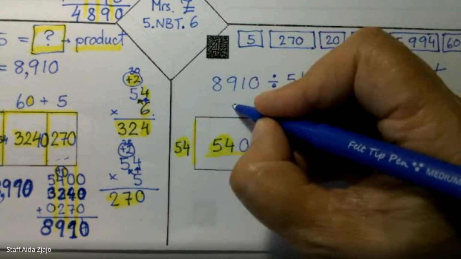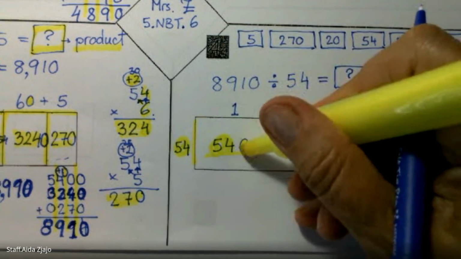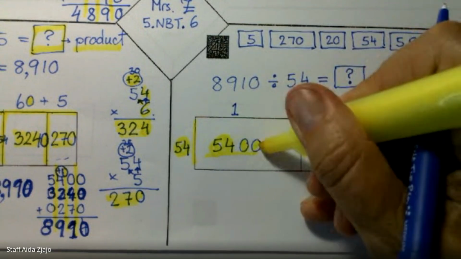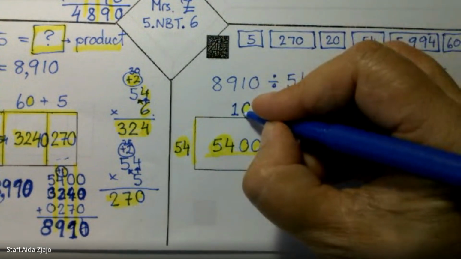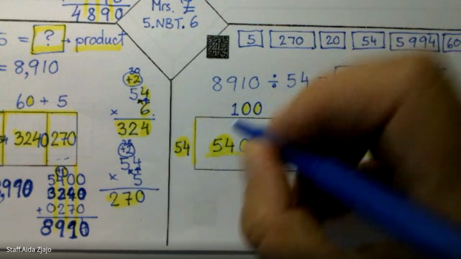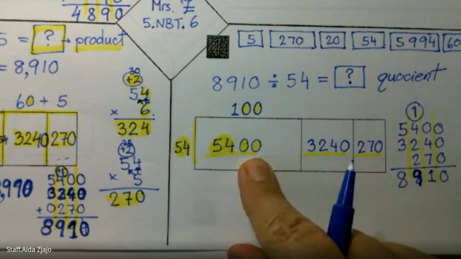So definitely I can put 1 in my solution. But then here I have 2 more zeros, which means this represents 100. So I have to add those zeros, because 54 times 100 is 5,400.